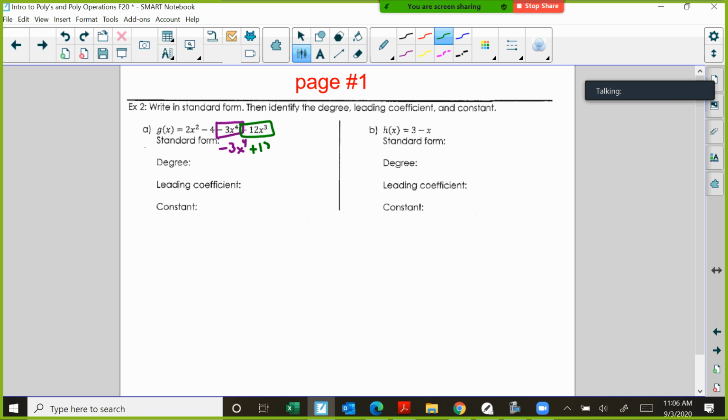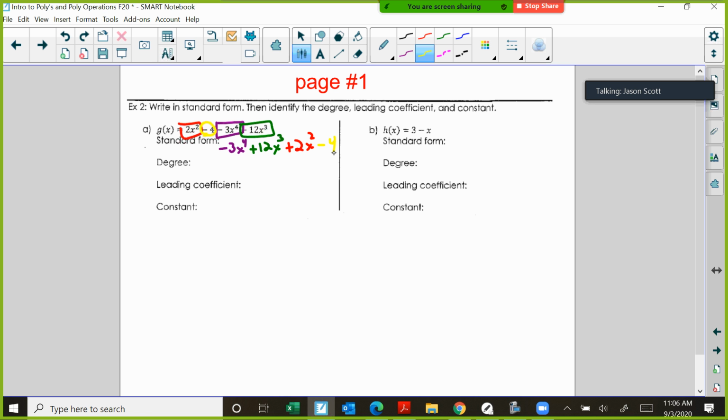Plus 12x to the 3rd. And we keep going down. So we can find the next highest exponent, which is 2x squared. That's positive 2x squared, so it's plus 2x squared. And finally, the negative 4 comes over here on the end.